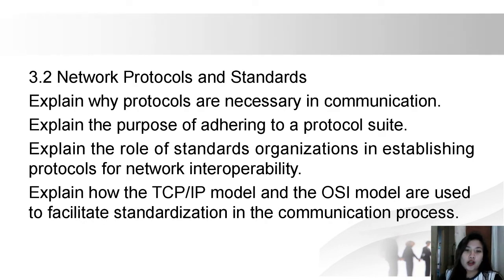For network protocols and standards, explain why protocols are necessary in communication, explain the purpose of adhering to a protocol suite, explain the role of standards organizations in establishing protocols for network interoperability, and explain how the TCP/IP model and the OSI model are used to facilitate standardization in the communication process.